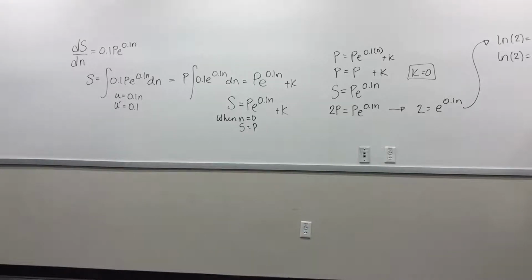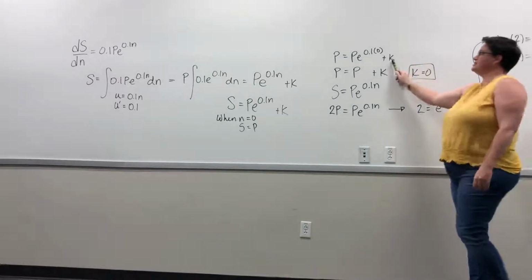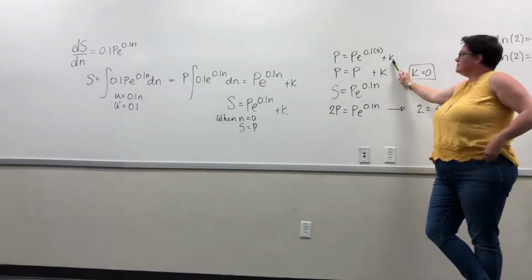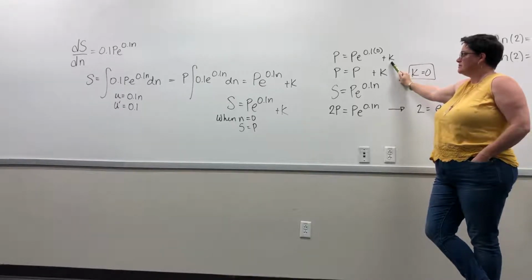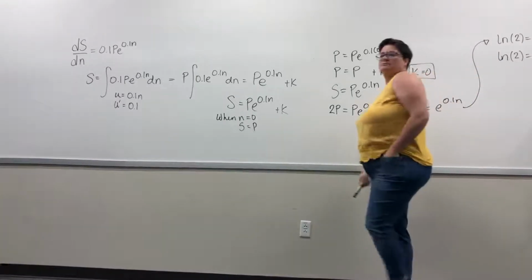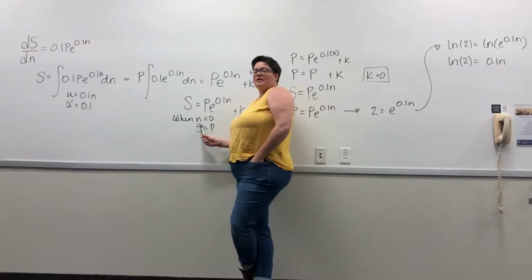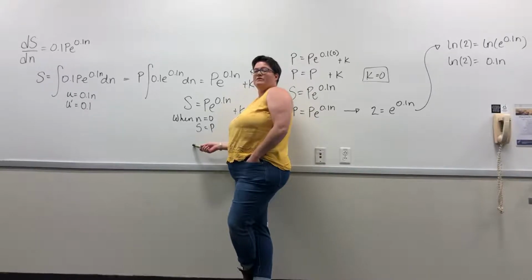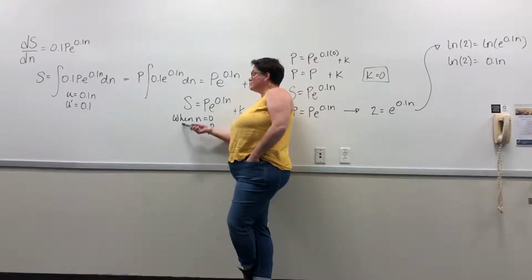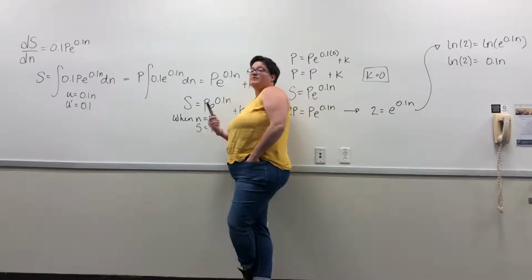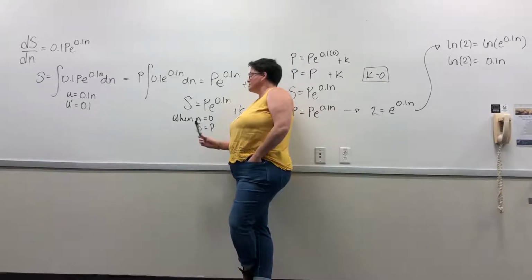I'm really stuck on that whole center part. Do you see how I got to here? When n equals 0 and s equals P, can you explain how you got that? Yeah, n is the number of years invested, and S is the future value of your investment. That was not given in the problem, so you use common sense.